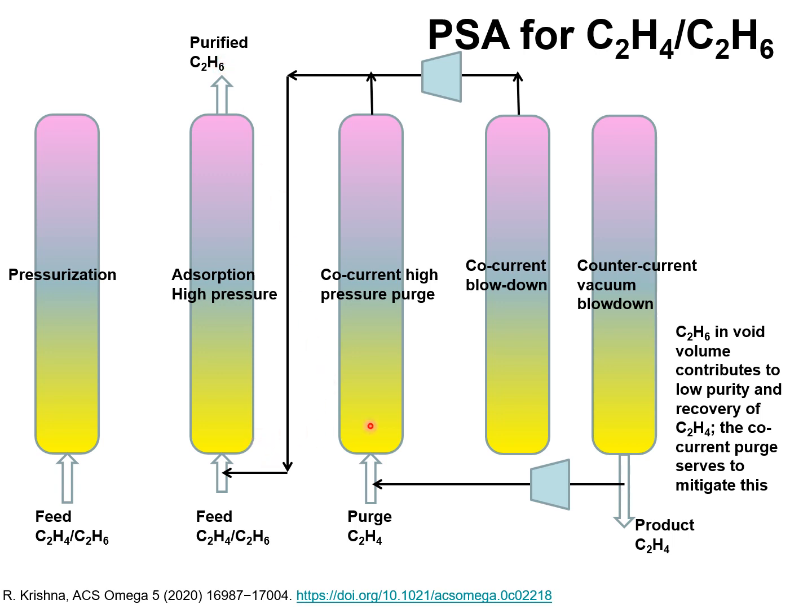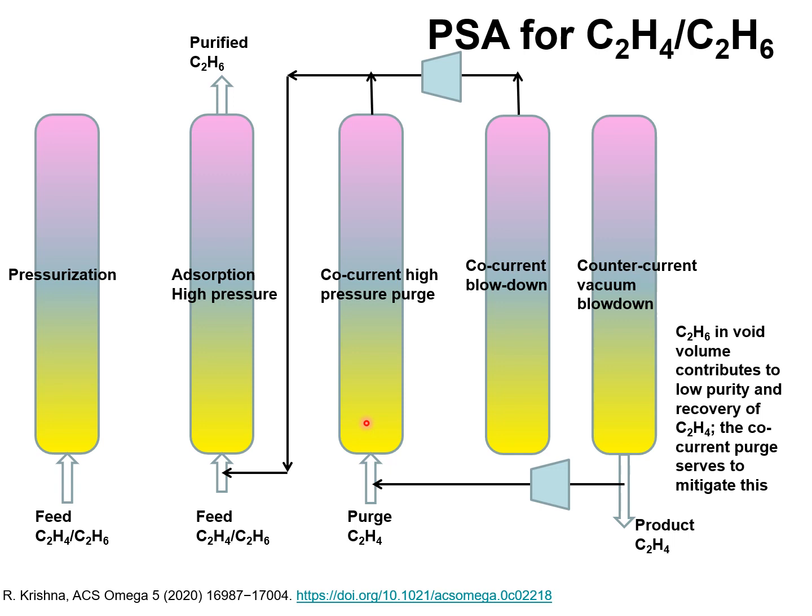The adsorption cycle is followed by a co-current high pressure purge, in which ethane, which is absorbed within the pores, is purged using a portion of the product ethene.